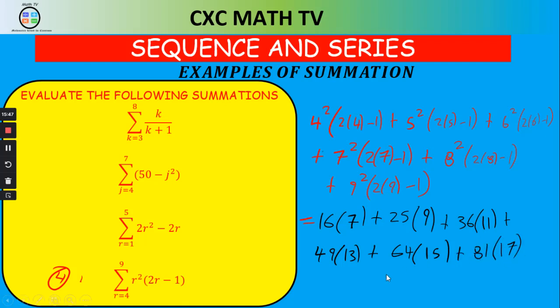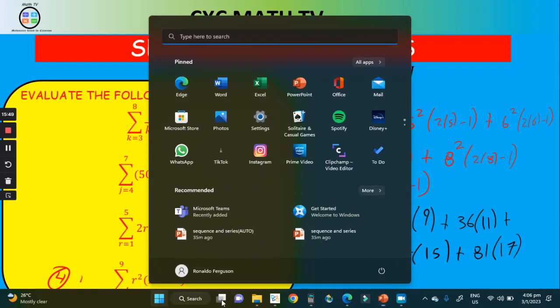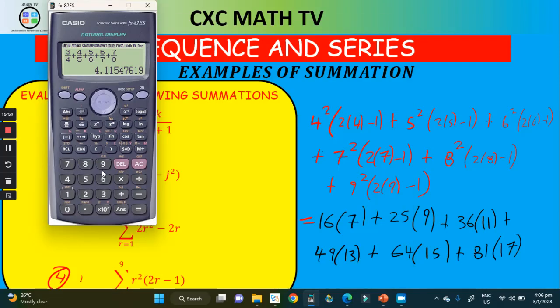And there's no way I am going to add this without my calculator. 16 times 7, plus 25 times 9, plus 36 times 11, plus 49 times 13, plus 64 times 15, plus 81 times 17. So we add them and we get 3,707.